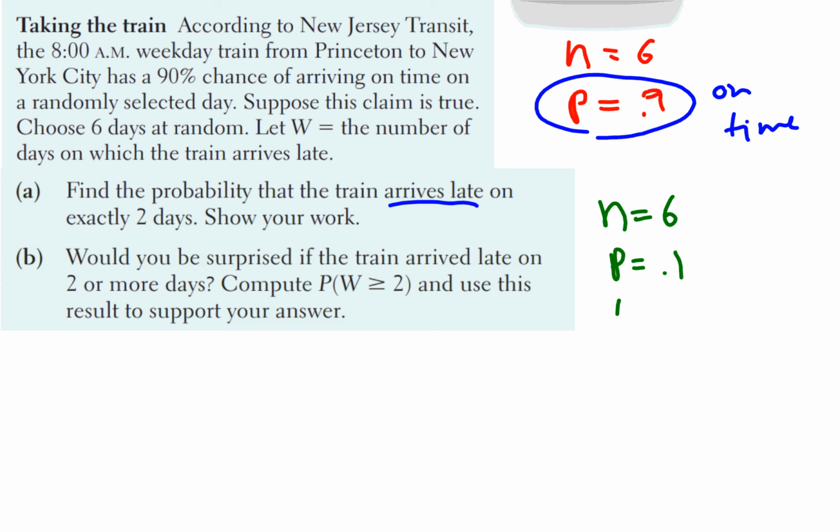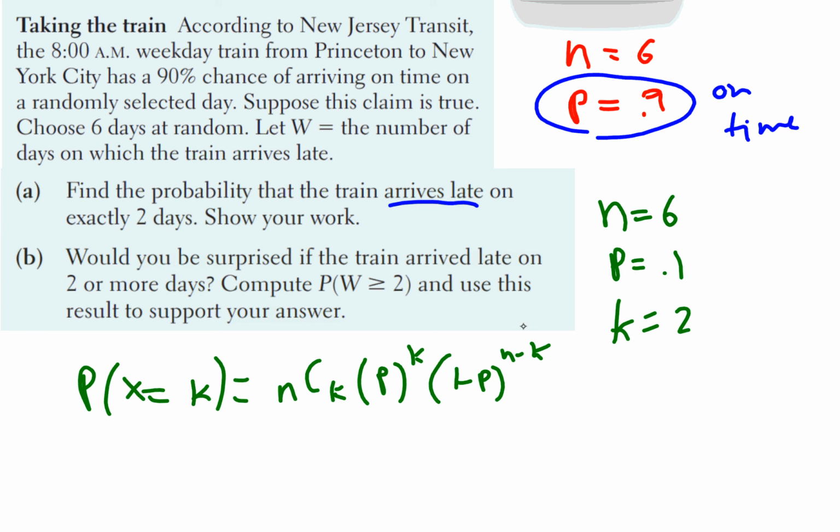And we have a formula: the probability that X equals k is n choose k, p to the k, 1 minus p to the n minus k. If we plug these in, we get 6 choose 2, 0.1 to the 2, and 0.9 to the 6 minus 2, or 4.